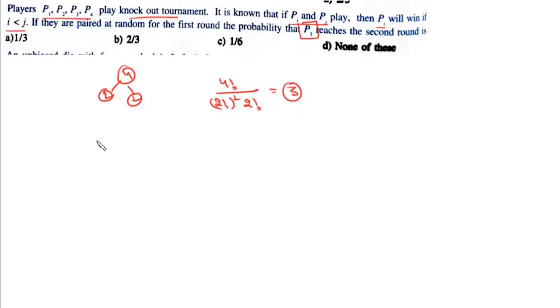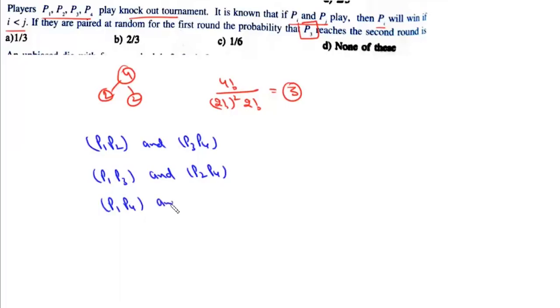Now these 3 will be either P1, P2 and pair of P3, P4, or it will be this P1, P3 and P2, P4, or P1, P4 and P2, P3. So these are all the possible combinations of pairs of 2.